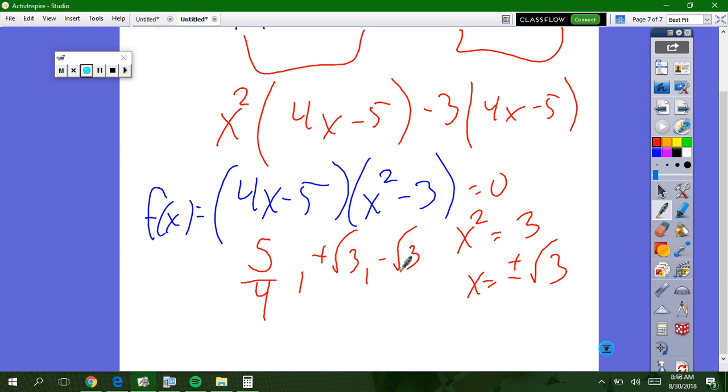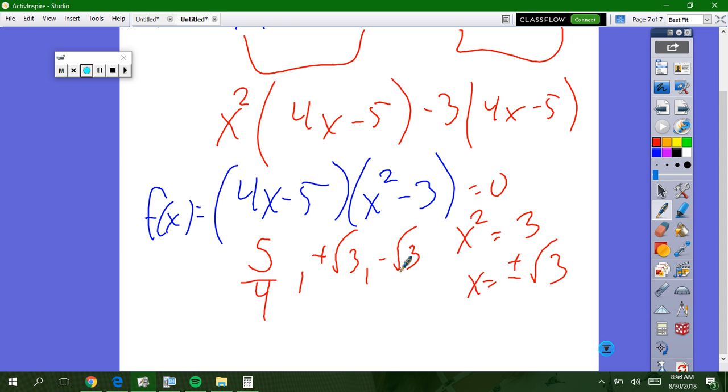Because if I wrote it as a product of linear factors, remember that from the other day, I would write this as x minus root 3, and this guy would be x plus root 3. You guys remember that? They would all have multiplicities of 1, because it's x cubed, and the multiplicities all have to add up to 3, because 1 plus 1 plus 1 is 3. That's the highest I can be.